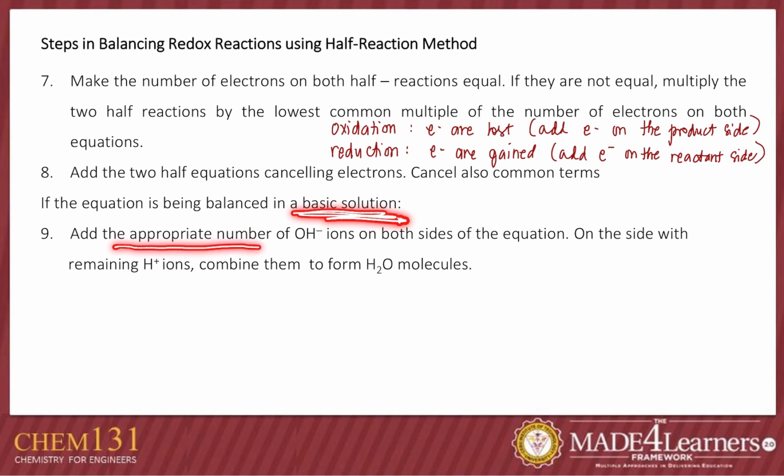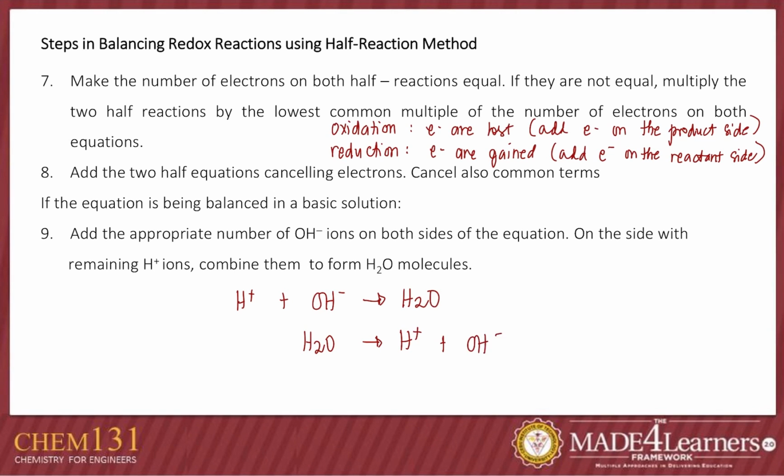So add the appropriate number of hydroxide ions on both sides of the equation, and on the side with the remaining H+ ions, combine them to form H2O molecules. For example, H+ and OH- should form H2O. Okay? Whether the H+ or the other is what you add depends on the coefficients, on how many you want to cancel. And H2O can also decompose into hydrogen, hydronium, and hydroxide ions. Okay?